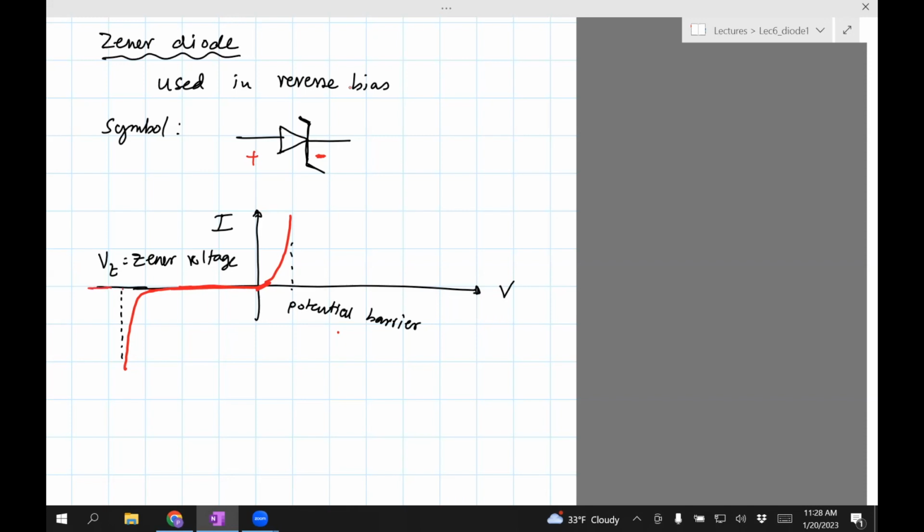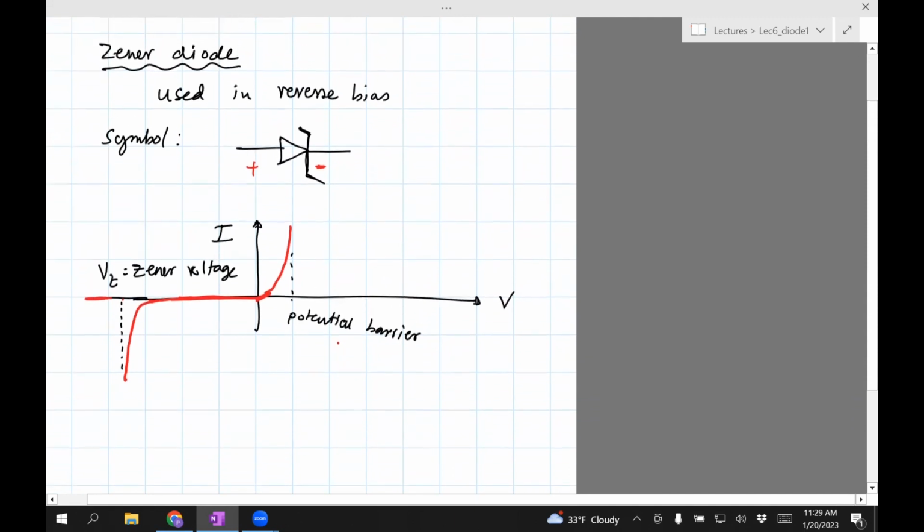If you increase the input voltage any further than VZ, it will regulate the voltage to the Zener voltage, which means that you can use the Zener diode as a voltage regulator. Okay, so let's say the Zener voltage is, a usual value, 5 volts. If you supply it with 10 volts, then it will clip to 5 and only send 5 volts to whatever circuit you put. So the way this Zener is connected is as follows.